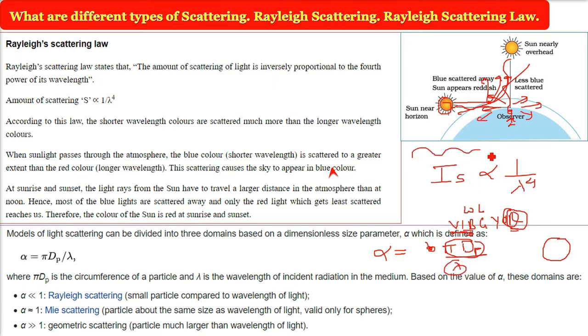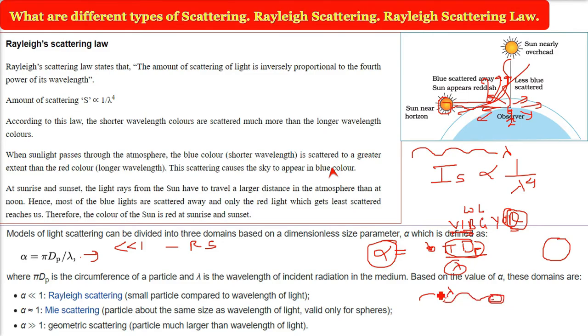So based on this alpha, we have three domains. If alpha is less than or equal to 1, this will be Rayleigh scattering, when the particle is smaller than the wavelength of light.